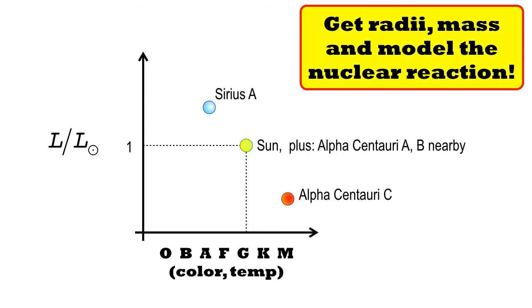If you take the ratio of the star's luminosity and divide it by the luminosity of the Sun, then some stars will come out less than 1, and other bright stars, like Sirius A, will come out greater than 1. The Sun will be exactly at 1, and Alpha Centauri A and B are pretty close.